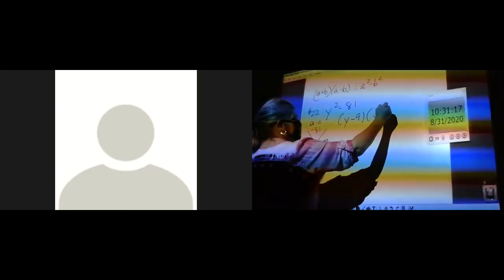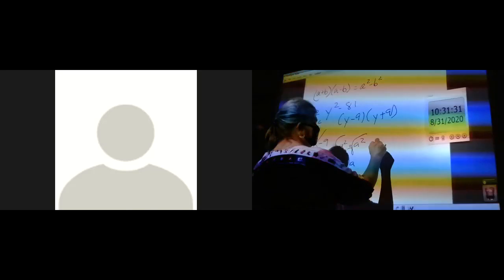So you have a times c, a is 1, c is -81. What are the factors of -81 that will give you 0? Plus 9, minus 9. The other way you could do this: y squared is equal to a squared, take the square root of both sides, you have y is equal to a.